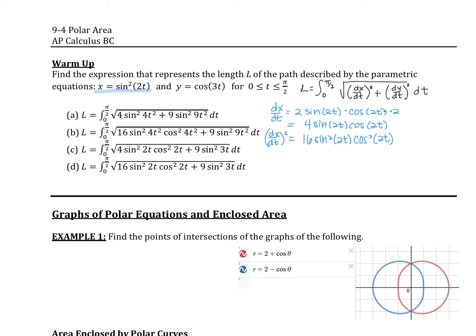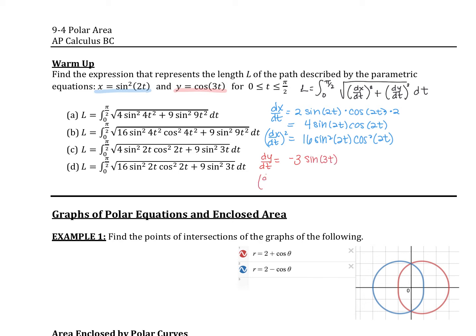All right, now let's do dy/dt. So let's take the derivative of y with respect to t. This one will be a little bit easier, so it's going to be negative 3 with the chain, negative 3 sine of 3t.